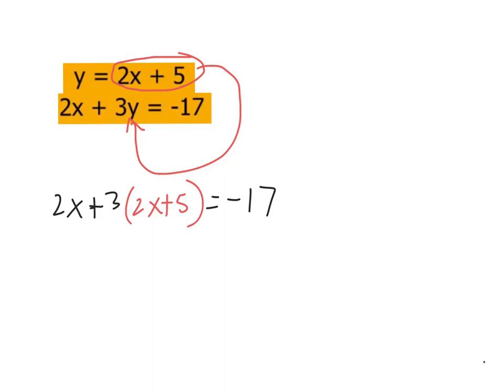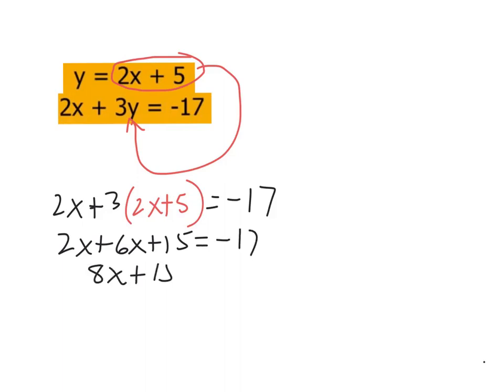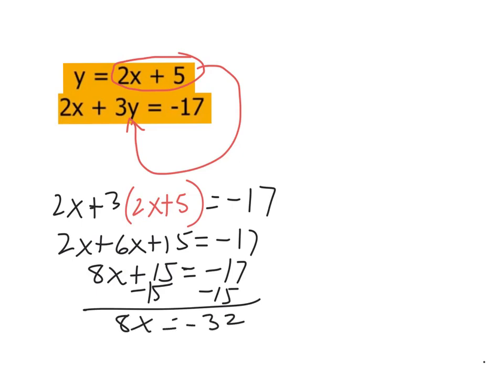So, I would have 2x plus 6x plus 15 equals negative 17. This is 8x plus 15 equals negative 17. Subtract 15. So 8x equals negative 32. What does x equal? Negative 4.